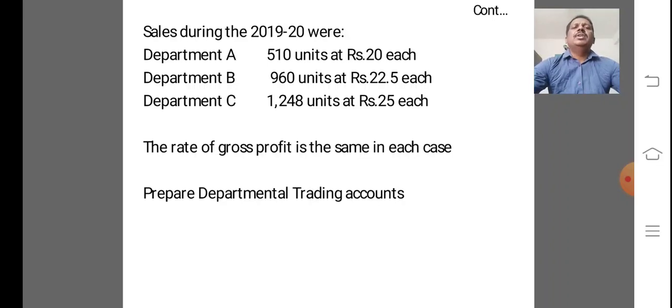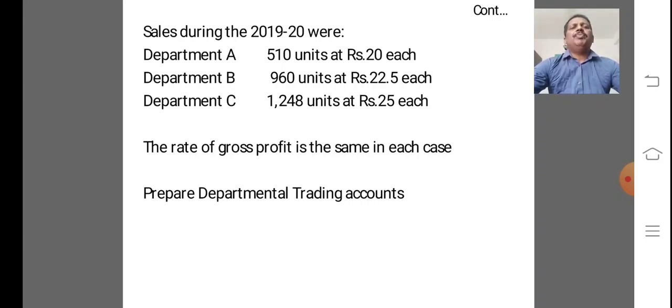Sales during 2019-20 were: Department A 510 units at rupees 20 each, Department B 960 units at rupees 22.5 each, Department C 1248 units at rupees 25 each.